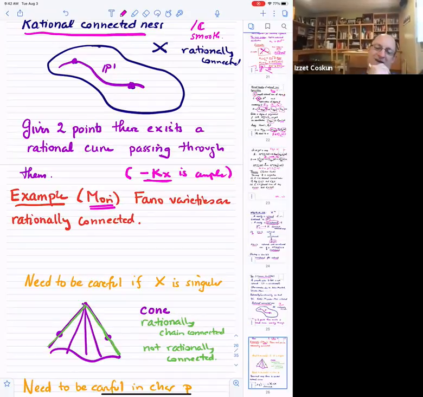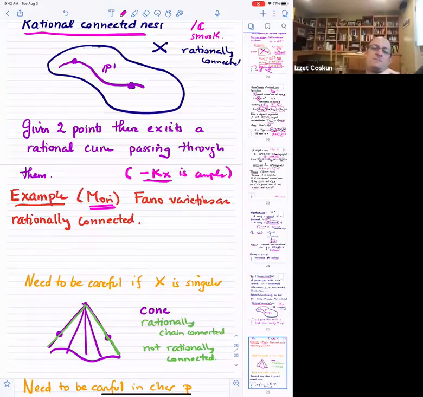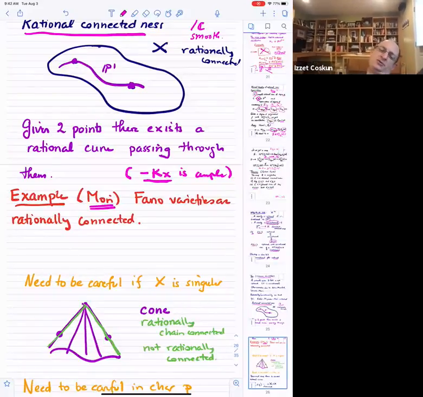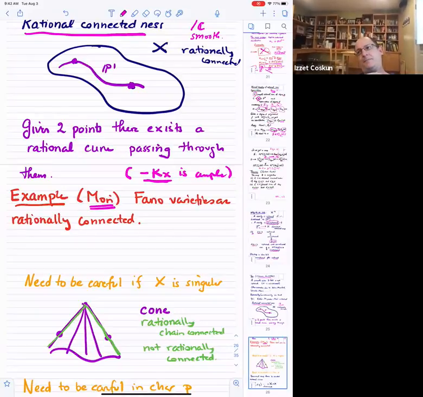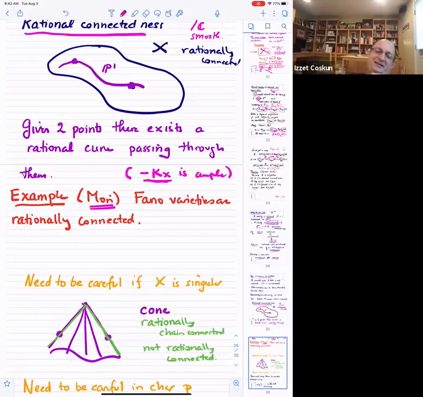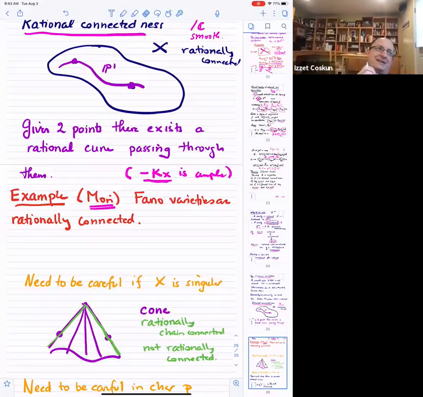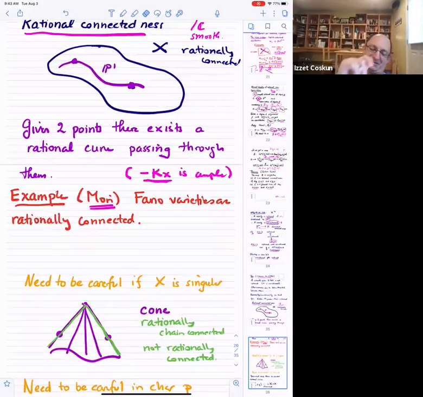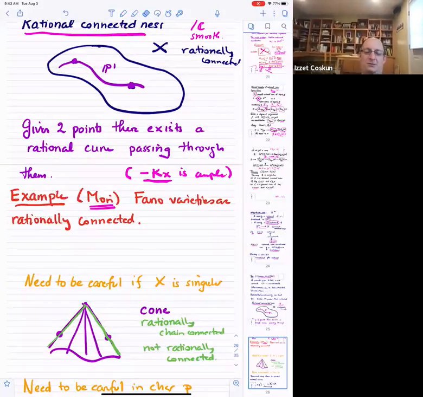They came up naturally in trying to understand the birational classification of higher dimensional varieties. And Mori's celebrated theorem is that they are rationally connected. By the way, there is still no characteristic zero proof of the statement. It would be really nice to find one, but the way Mori's argument works is it goes through characteristic p.